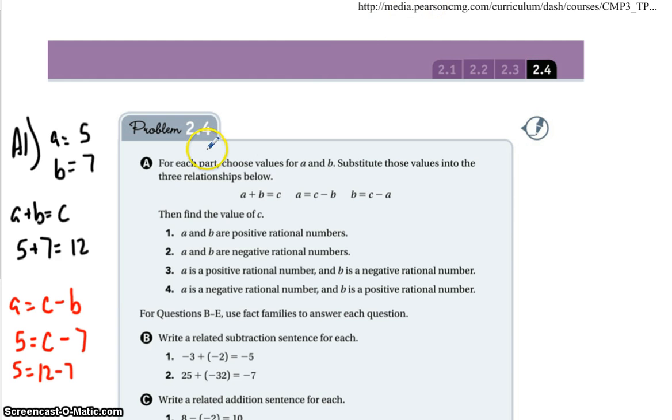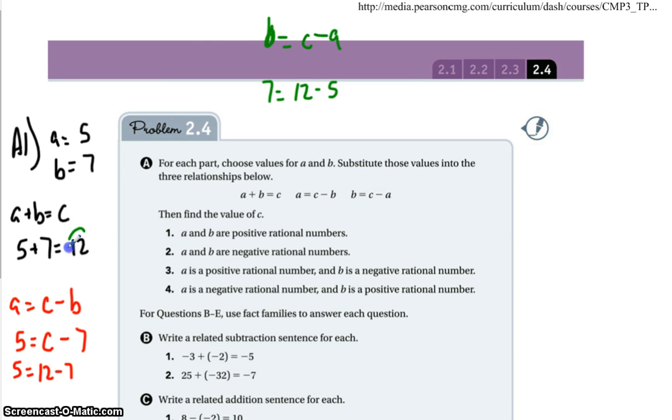So now we move on to the third part, where we have B equals C minus A. So again, A is 5 and B is 7, so 7 would equal 12 minus 5. We're going to substitute our values in there.